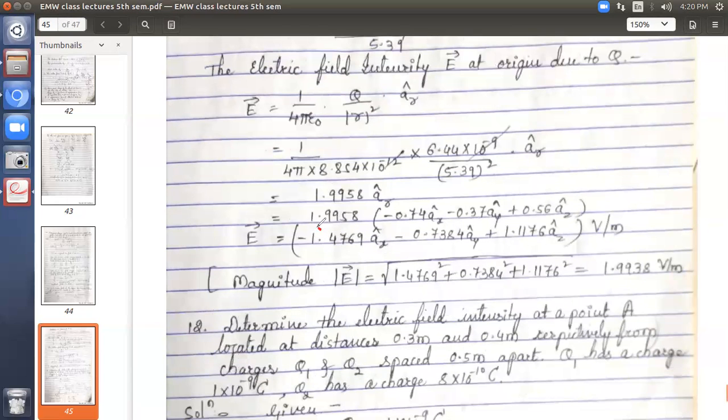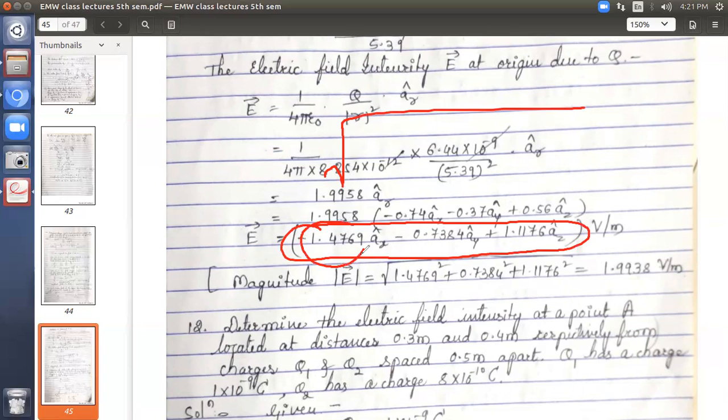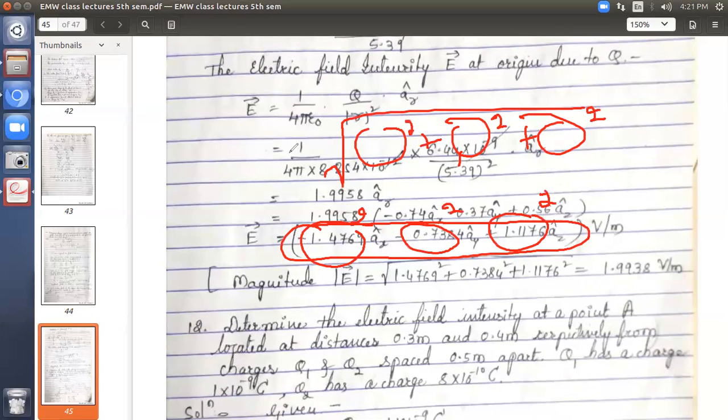Now, how to find the magnitude of this vector? It is simple. Take the square root of this value square plus this value square plus this value square. What are these?